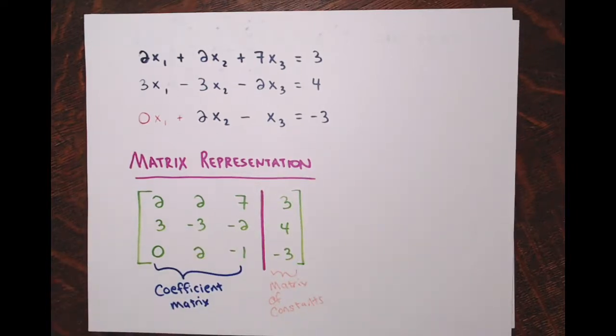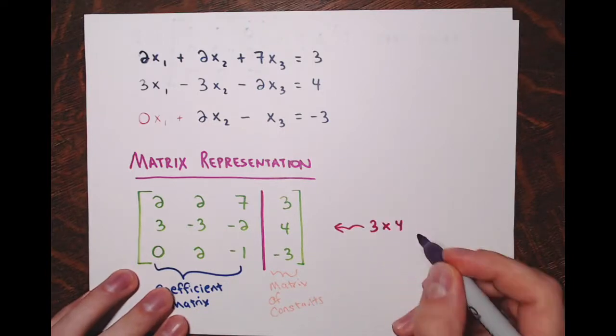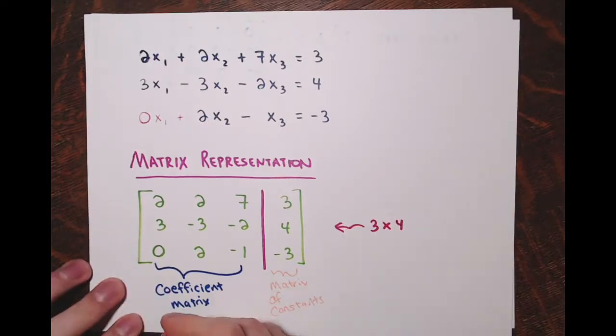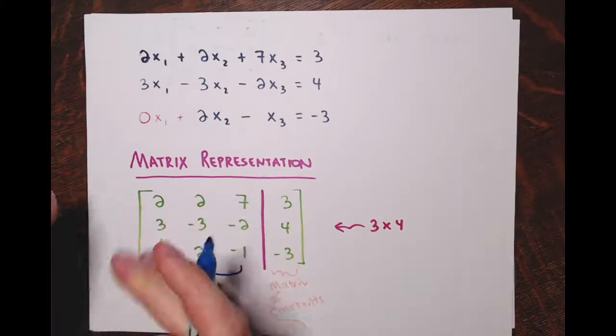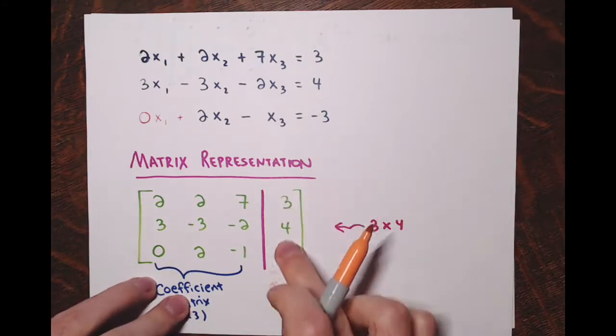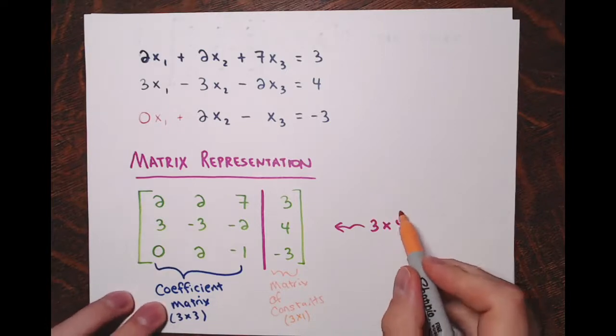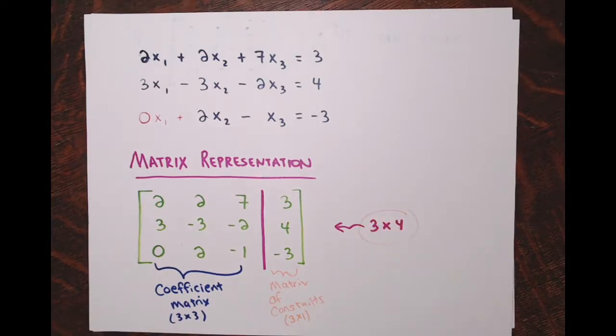But the whole thing, the whole augmented matrix, is a 3 by 4, 3 rows, 4 columns. If you were to look at the matrix of constants on its own after the bar, it is a 3 by 1. And that's it. It's as simple as that, just writing the numbers that you see in the system.